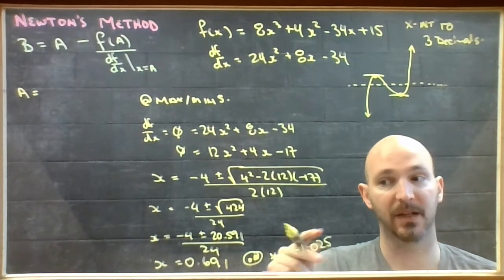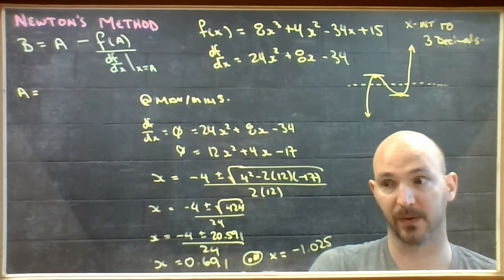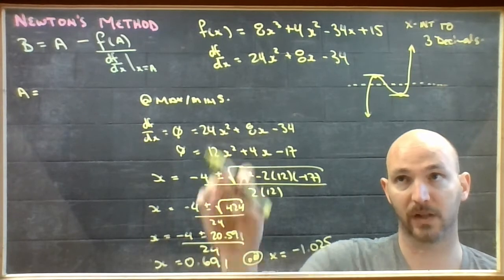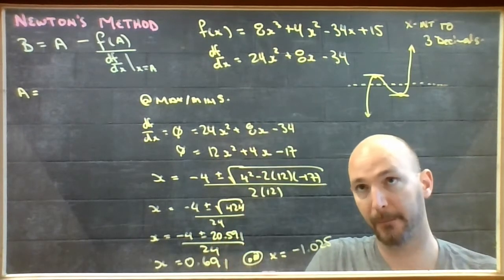As with all max mins, I need to get the y value that goes with it. So I'm going to take 0.691 and put it up into here.